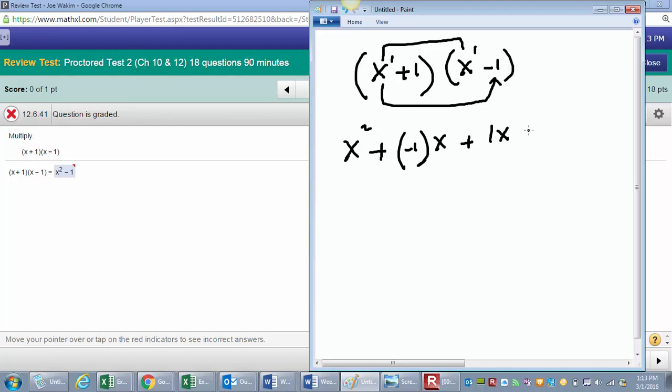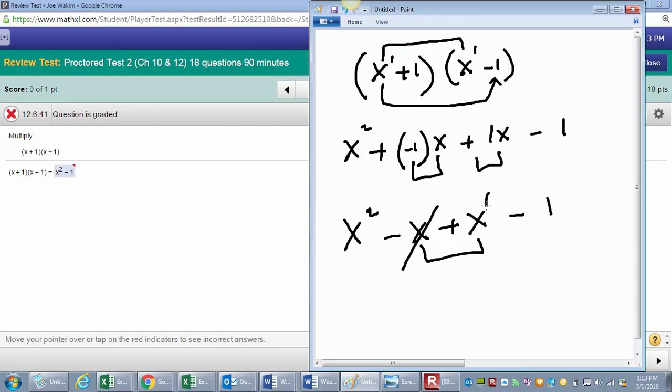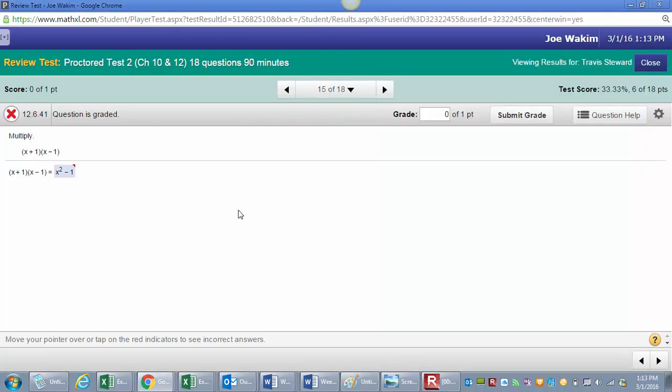And 1 times negative 1 would be negative 1. Notice that negative x plus x are opposites. So let me write this an easier way: minus x plus x minus 1. These are opposite. They cancel. So the final answer is x squared minus 1.